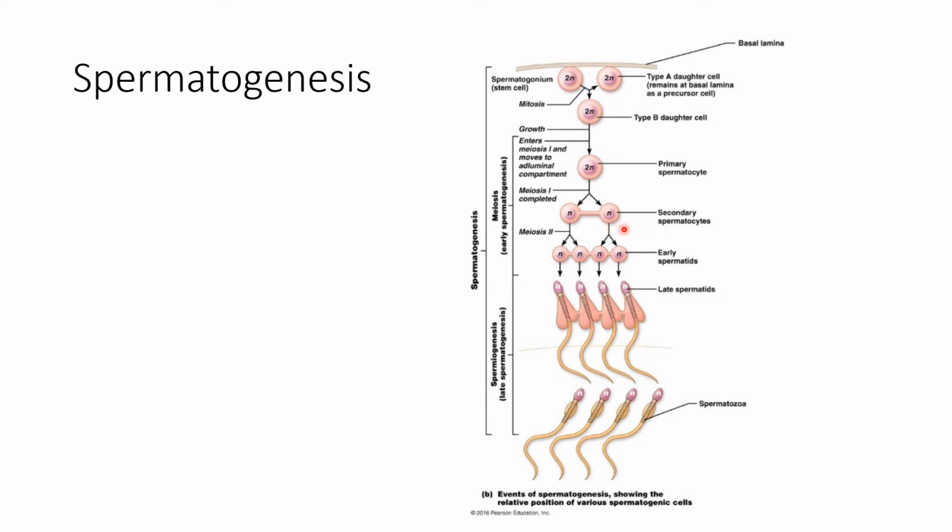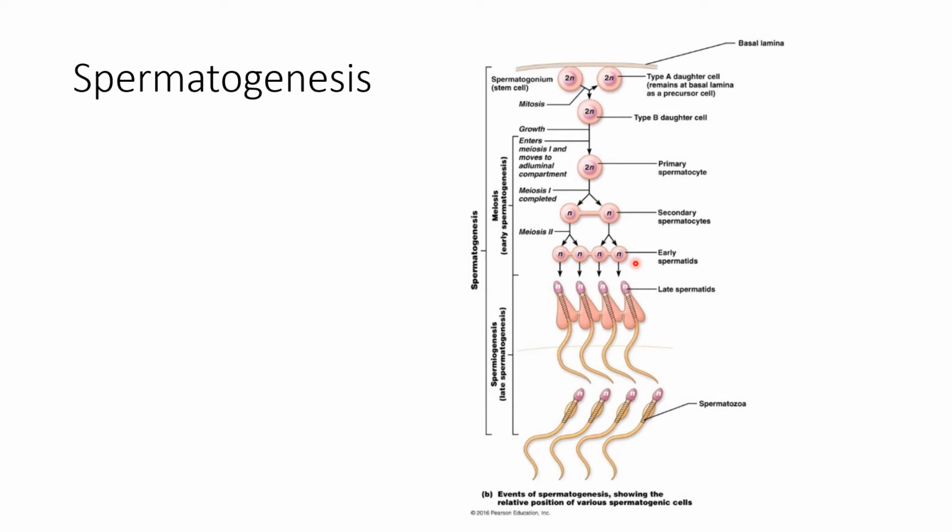Those secondary spermatocytes are going to go through the second meiotic division, meiosis 2, and we are going to get 4 daughter cells. And those 4 daughter cells, as you can see, now they are haploid.